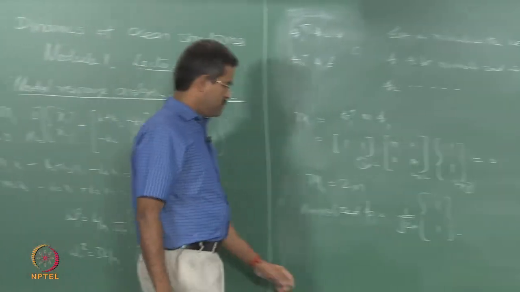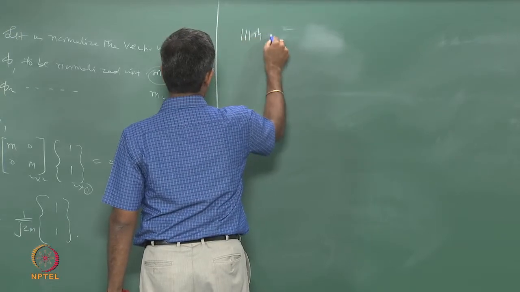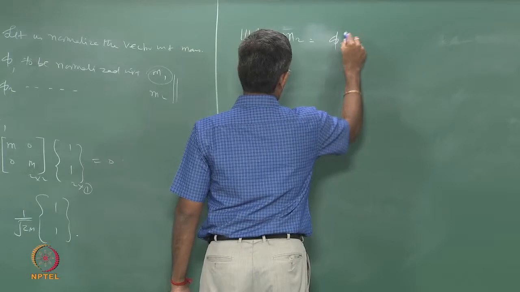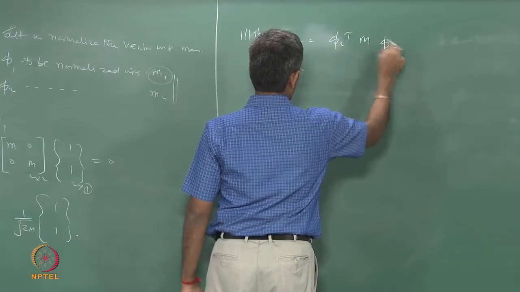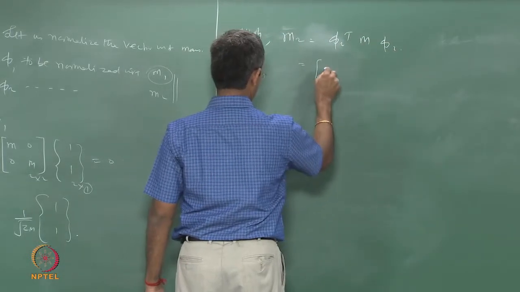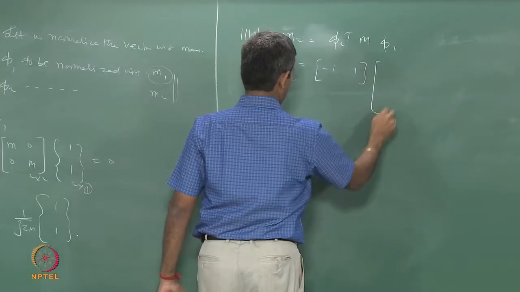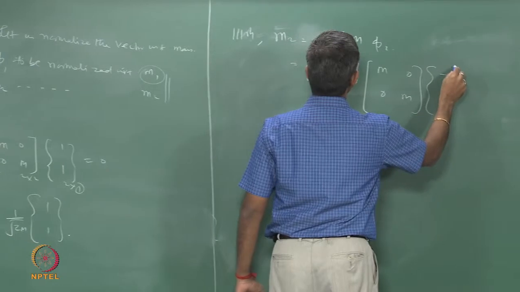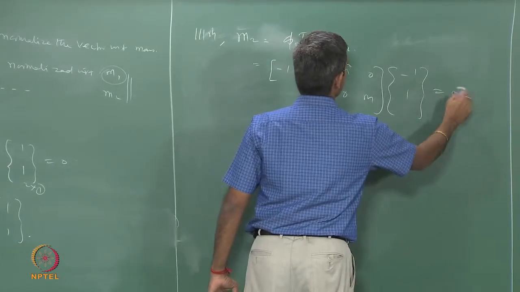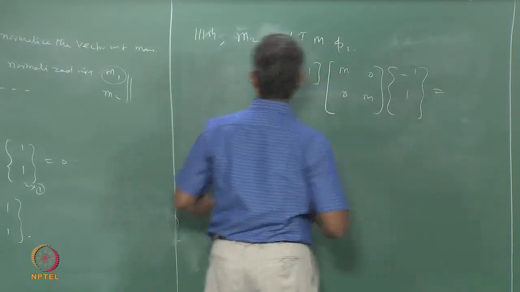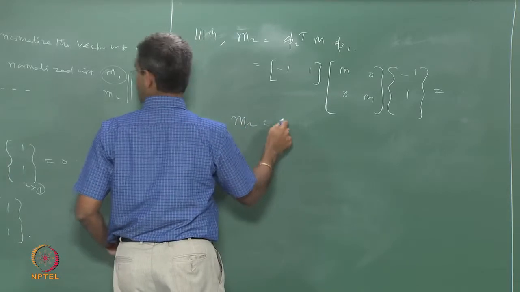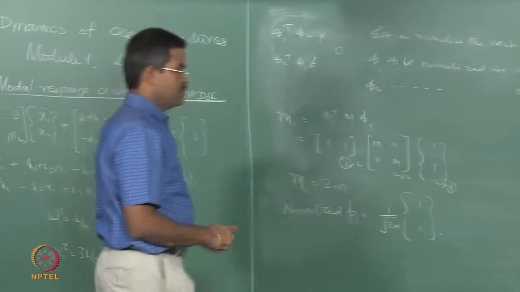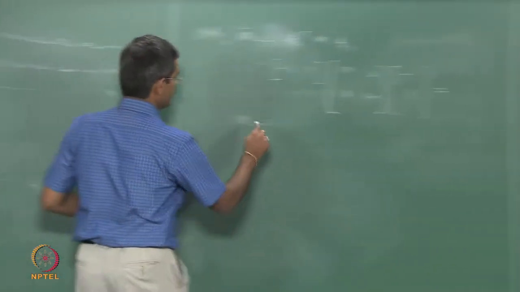Similarly, can you find M2? I say similarly, M2 should be equal to phi 2 transpose M of phi 2. Phi 2 is minus 1 1, M is M 0 0 M, and phi 2 is minus 1 1, which should become, let us say, M2. Can you find what M2 is? How much? 2M.